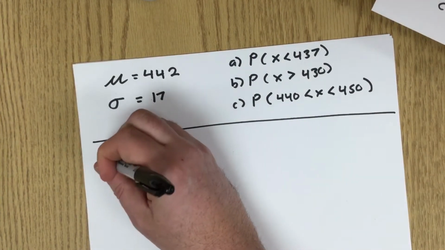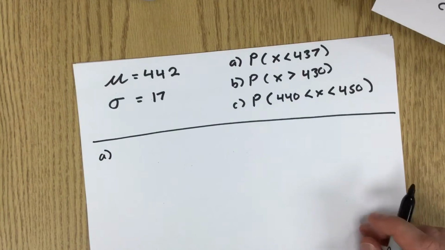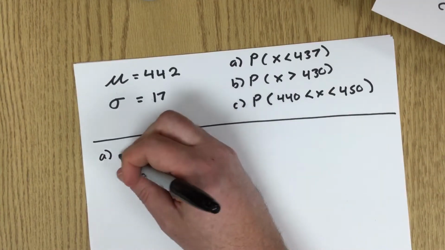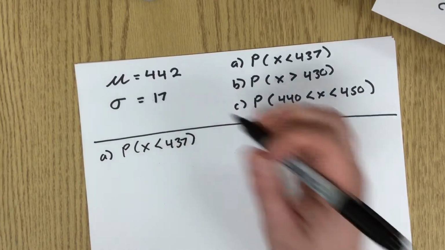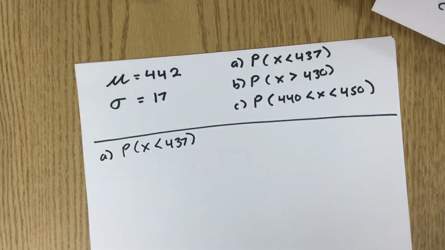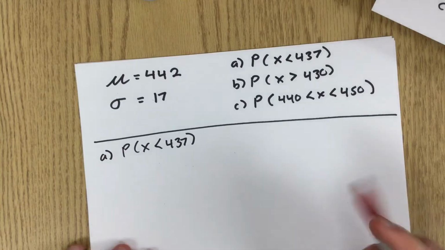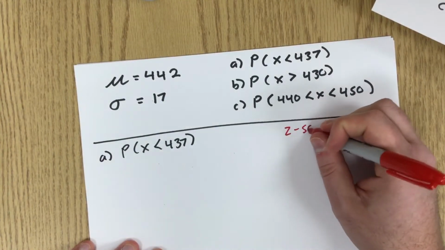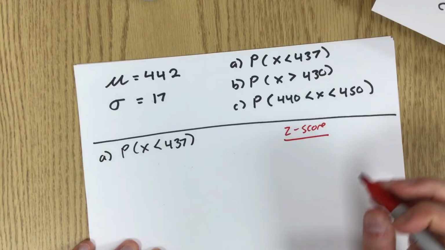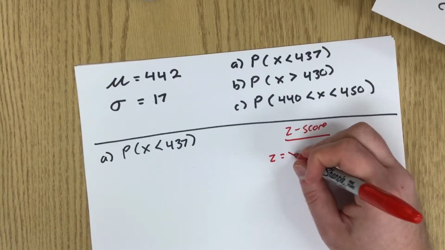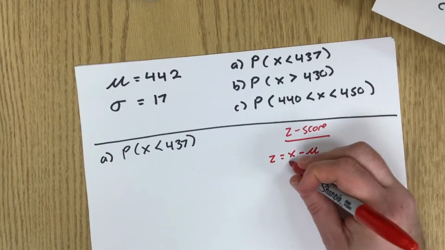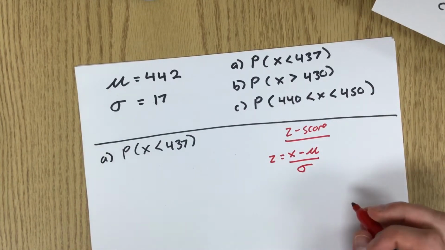Okay, so A, what do we want to do? We want the probability that X is less than 437. And we're going to have to figure out the z-score. That's going to be a pretty constant thing that we're going to have to do. So to figure out the z-score, the z-score is x minus mu over sigma.